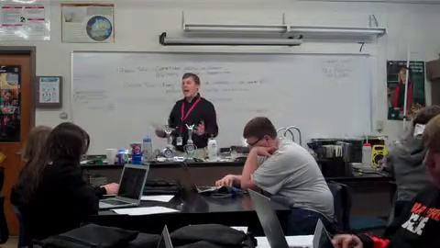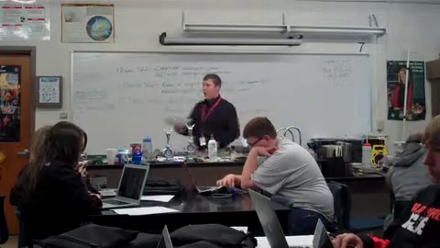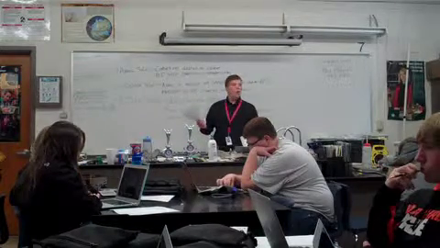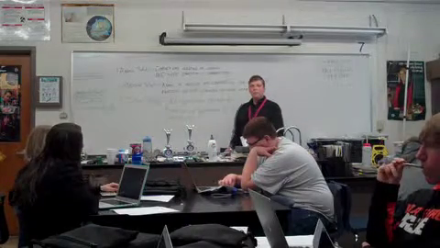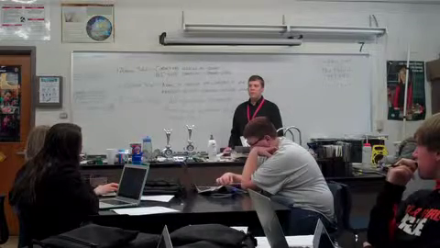Now, in terms of ionic compounds, we've already got our basic properties that we know about. We know that ionic compounds have two types of charges. In order to be an ionic compound, what are those two charges? What are the two possible charges that you can have for an ion?